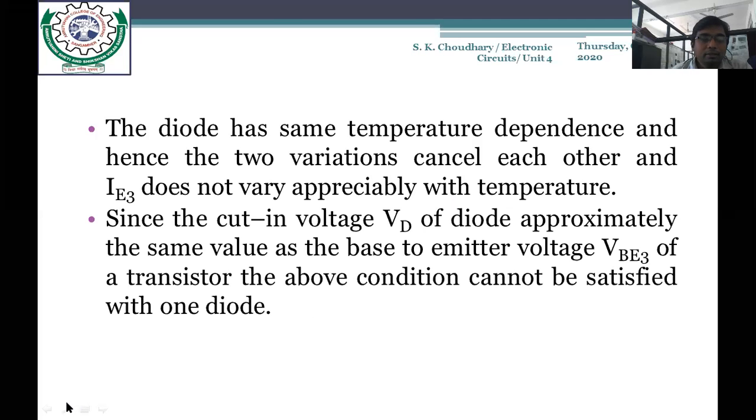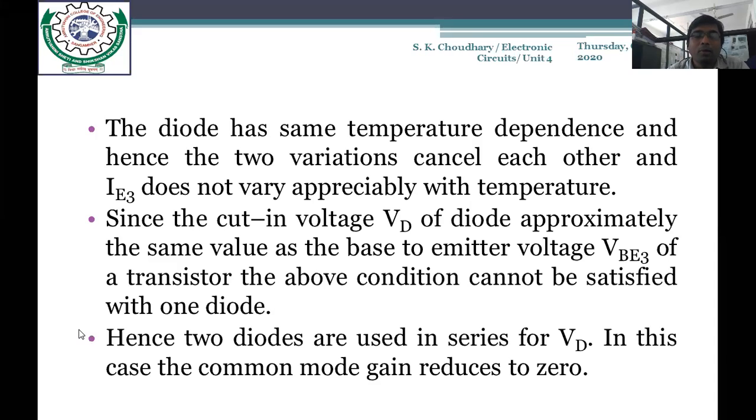But sometimes, because of the construction of the diode and the transistor, the voltage drop VD across the diode may not be approximately the same. Because of manufacturing limitations, VD may not be equal to VBE3. In that condition, this remedy of connecting one diode would fail.